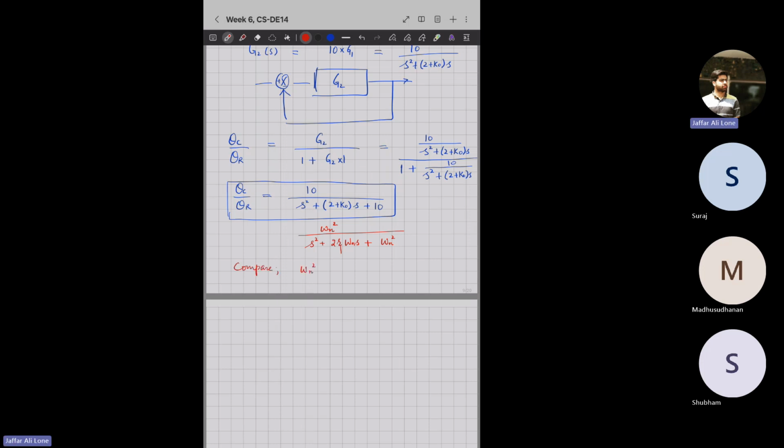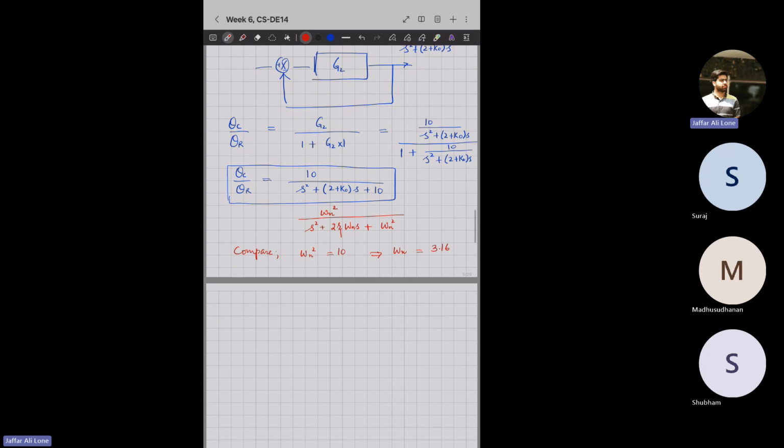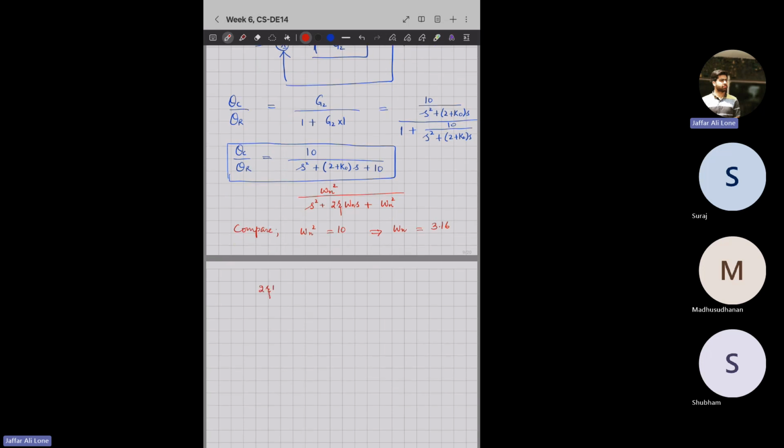We get omega n square equal to 10, which implies my omega n is around 3.16. And 2 zeta omega n is equal to 2 plus k naught. My 2 into zeta is given as 0.6 and omega n we've just found as 3.16 is equal to 2 plus k naught. Everything is given. It implies my k naught is equal to 1.8.